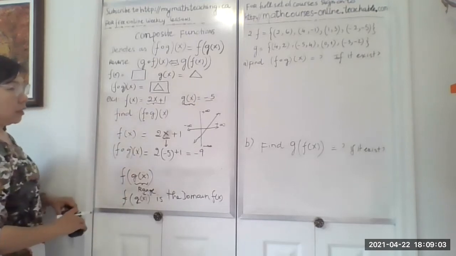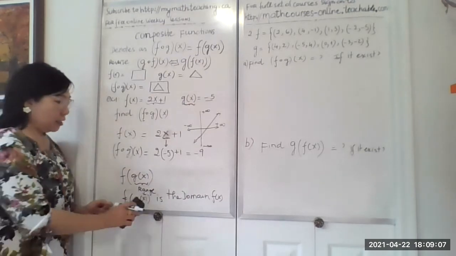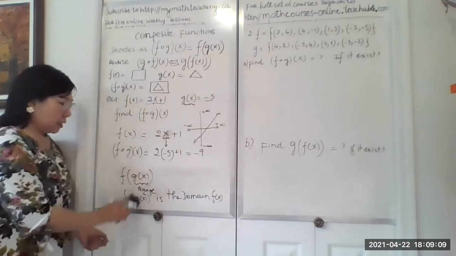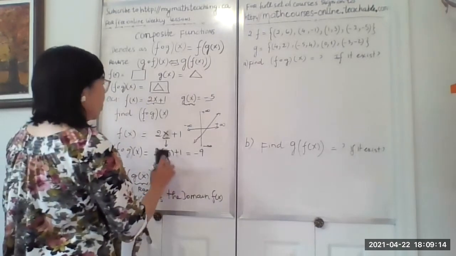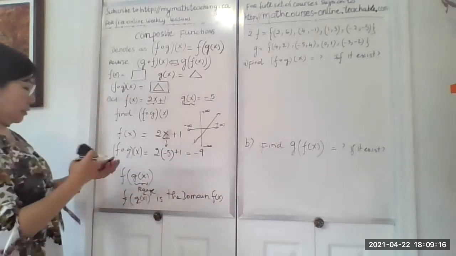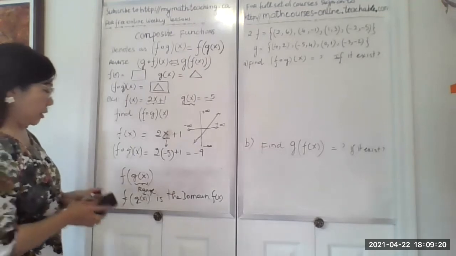That is one more point I want to mention to you. So the range of g of x is the domain of f of x. Keep in mind all of this to understand the composite function.